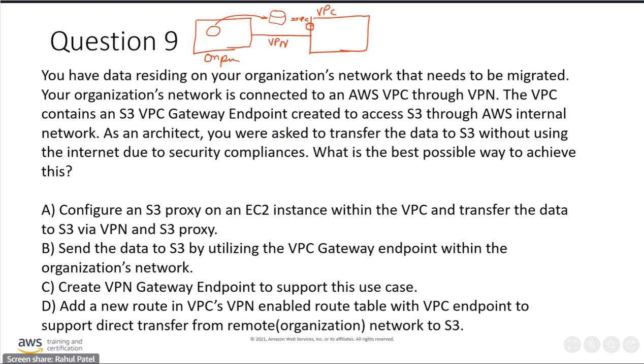Can we use this gateway here? Can we use this option? Send the data to S3 by utilizing the VPC gateway endpoint within the organization network.